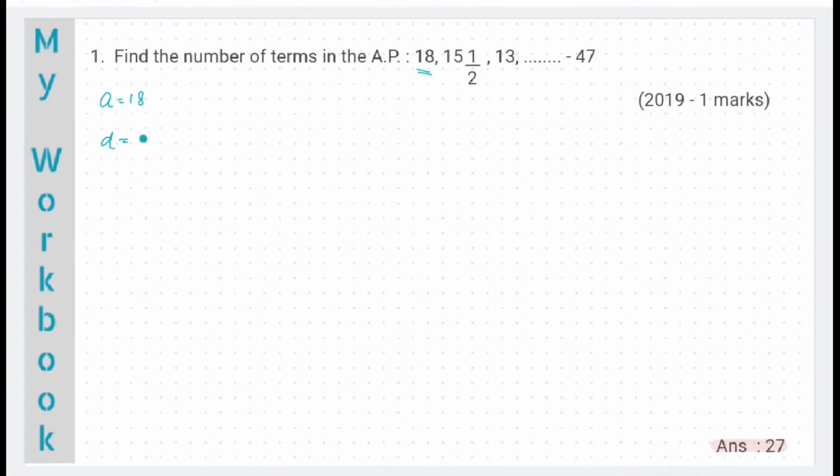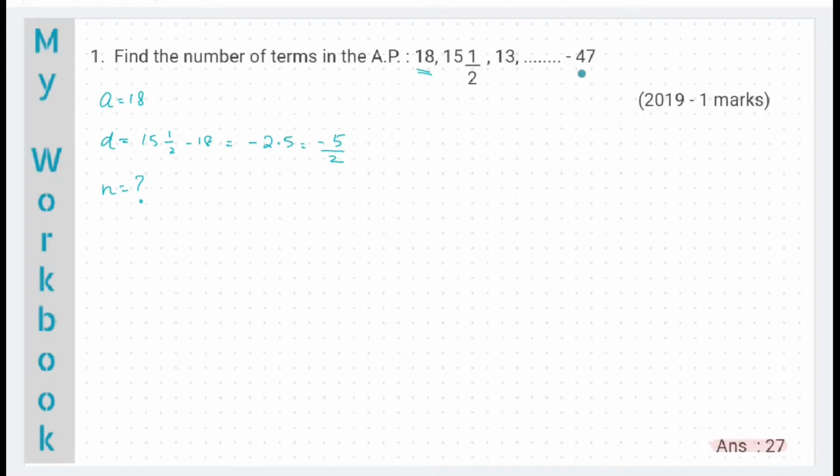Difference between the successive terms we need to find out. It is 15 and a half minus 18, which will be minus 2.5, or in fractional form it is minus 5 by 2. Now we need to find the number of terms in this progression.